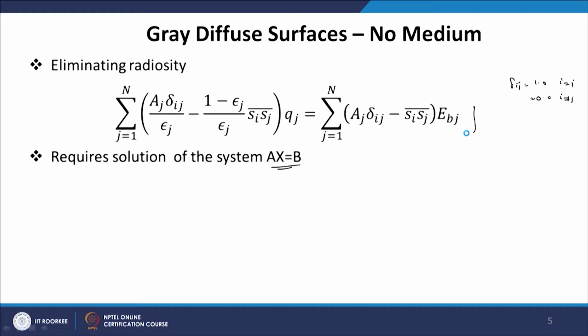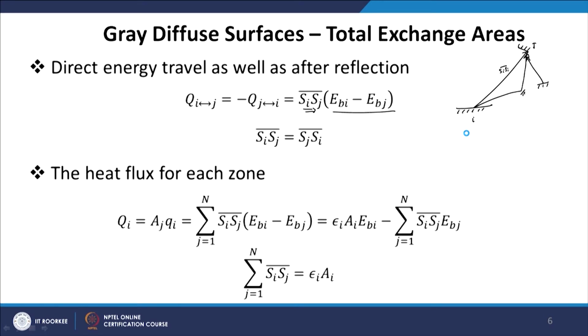So, we do not want to solve the linear system of equations Ax = b again and again. If we just have to find temperature and we know that the exchange areas are not changing, we should not solve this equation again and again. So, what we do is we calculate the total exchange area once and for all, and then just calculate the emissive power for the new iteration and multiply by the total exchange area, and we can directly calculate the radiative transfer between surfaces i and j.